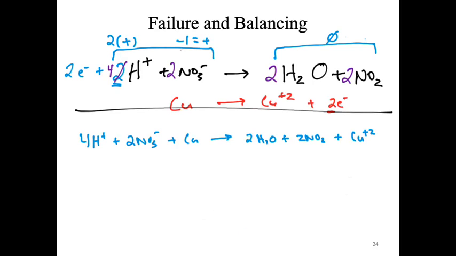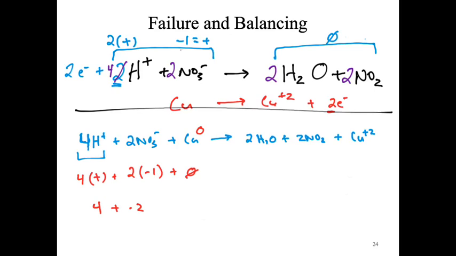So let's take a look at charge. What is the charge on the left-hand side of the equation? This brings in a +1 from our hydrogen, but there's 4 of them. Plus nitrate -1, but 2 of them. Copper is 0. Nothing specified. 4 times +1 is 4. 2 times -1 is?